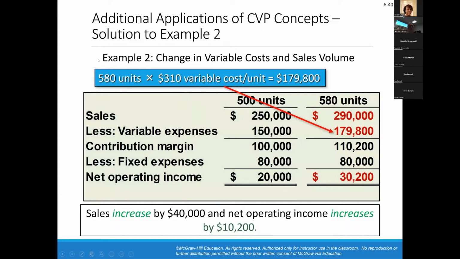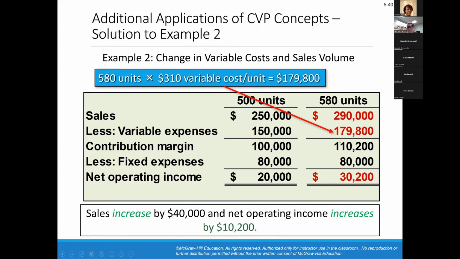All right, so here's our 580 units. We're multiplying it by 310 because remember it was 300. We're adding that additional $10. So now we have 179.8. That becomes our new variable expense. The 580 units to get this 290, that's just multiplying the 580 times your selling price of 500. That didn't change.